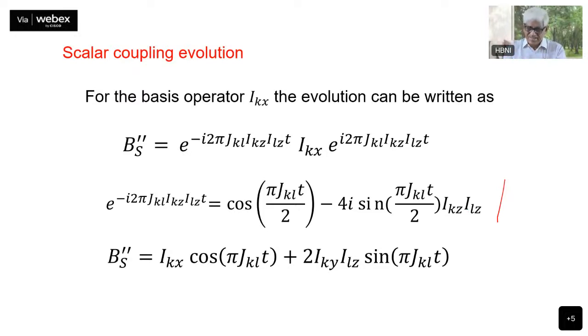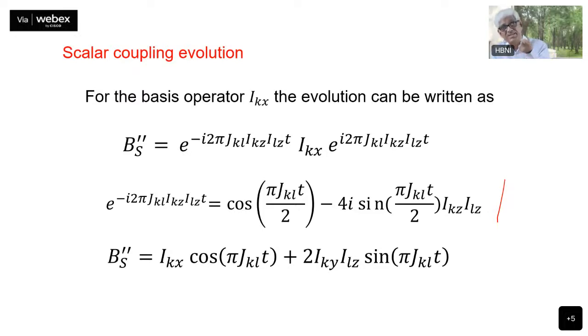So this goes exactly the same way as in the case of the previous one, e to the minus i beta Ix. I expanded the whole thing in terms of the exponent and the power series, but there was only one operator there. Here I have to use both the operators. You can use matrix representations of the KzLz product.